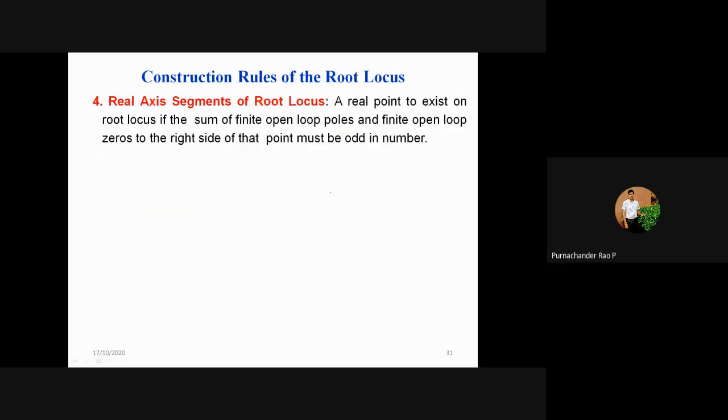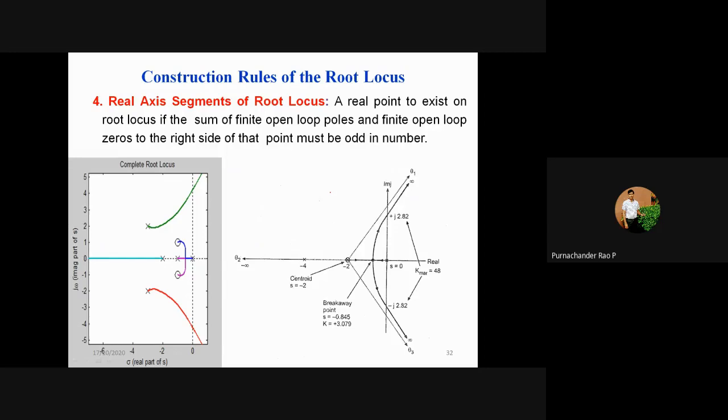Then real axis segments on the root locus. A real point exists on the root locus if the sum of the finite open loop poles and open loop zeros to the right side of that particular point is an odd number. So here we need to see whether this is a root locus branch.